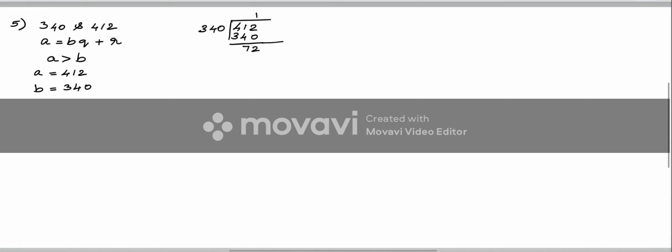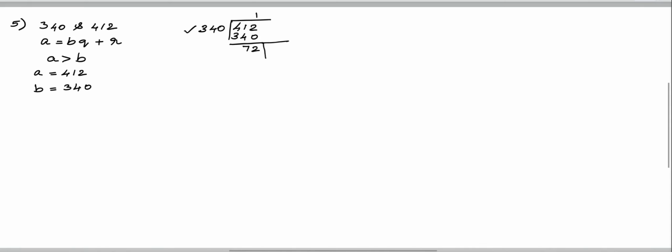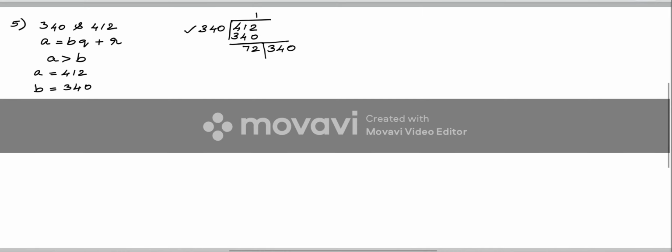And now what you do, you take this 340, the divisor for the previous step will be the dividend for the next, and now 72 is the remainder, and this remainder will be your divisor for the next step.